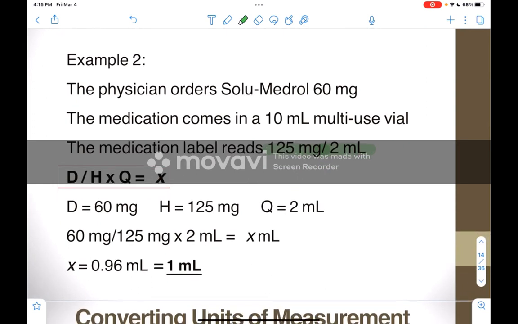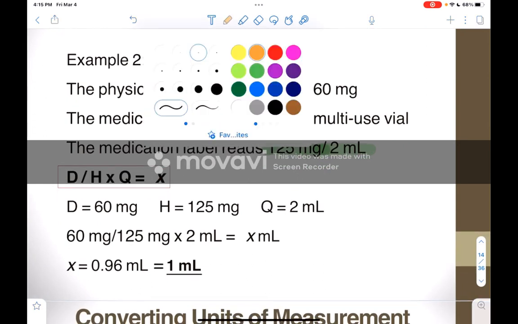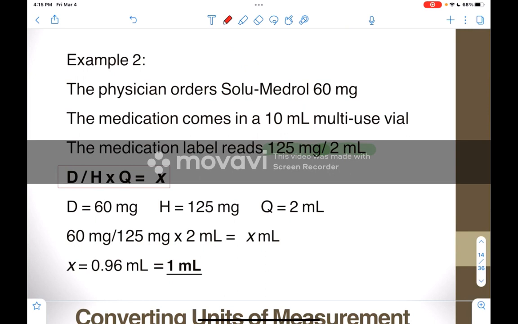Okay, so our dose ordered, right, is 60 milligrams. We're going to put that over what we have on hand, which is 125 milligrams. And we're going to multiply that by the quantity, which is 2 milliliters.